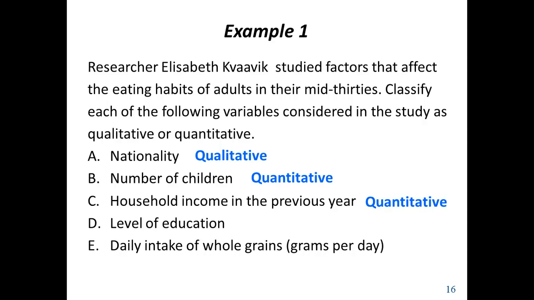Level of education, master degree, high school diploma, and so on. So this is qualitative. Daily intake of whole grains, 50 grams, 20 grams, so this is going to be quantitative. So these are some examples for qualitative and quantitative data.